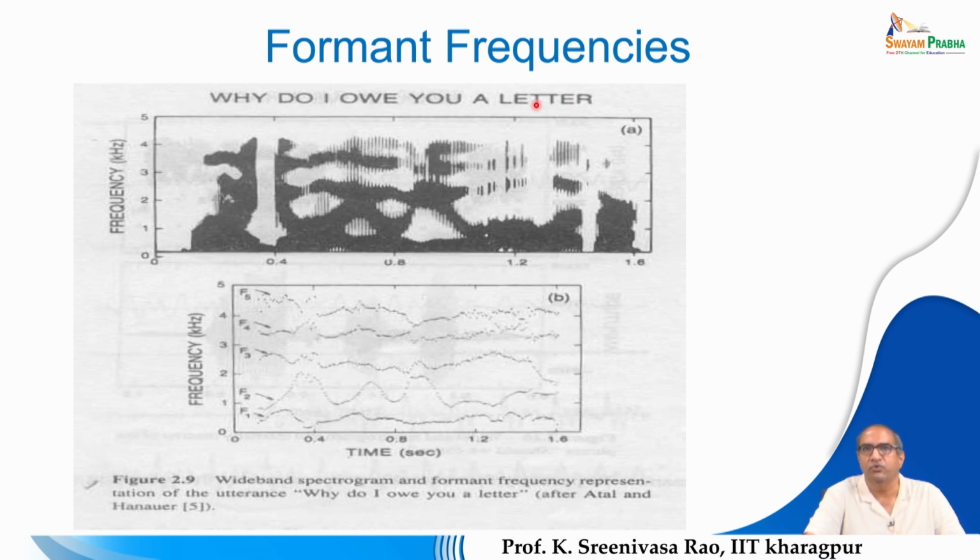For that utterance, if you plot the spectrogram, as I mentioned, how do you generate it? Generating a spectrogram is nothing but first dividing the speech into a sequence of overlapping frames. For every frame we compute a spectrum, and stacking those spectra consecutively with respect to time is a spectrogram.